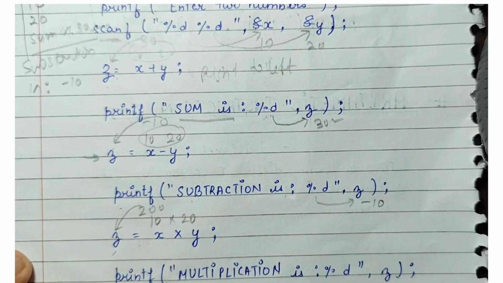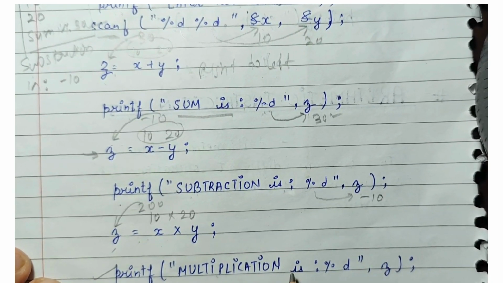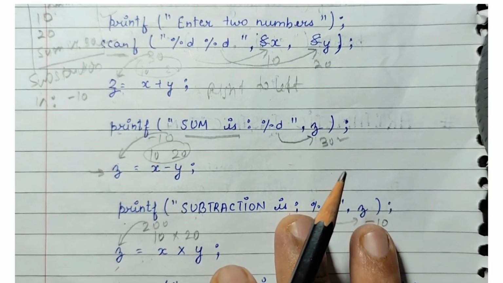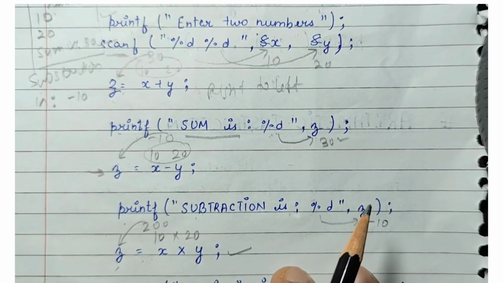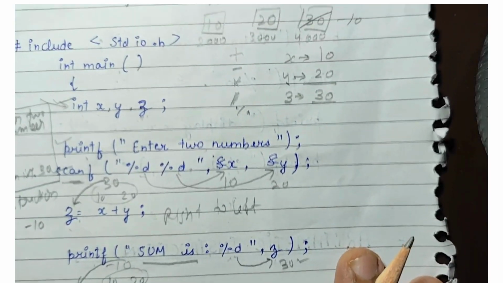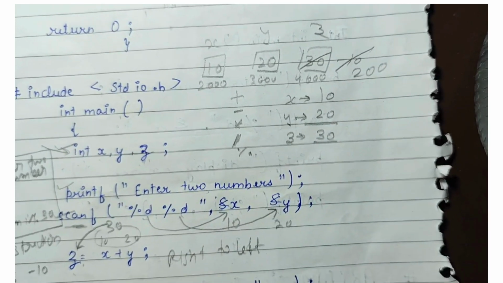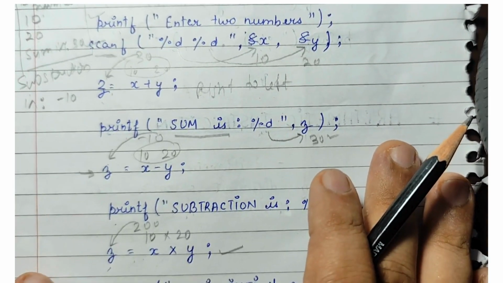After this printf statement is executed, what value will display? It will display "Multiplication is 200". When this statement is executed, minus 10 is lost in the z variable and 200 is updated. So right now z has a value 200.